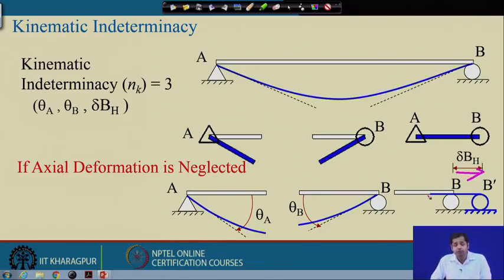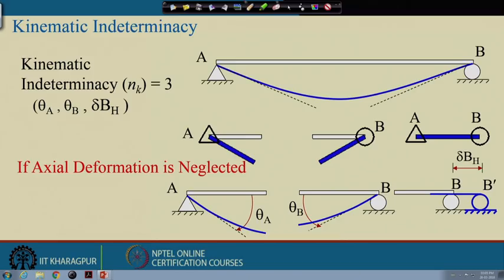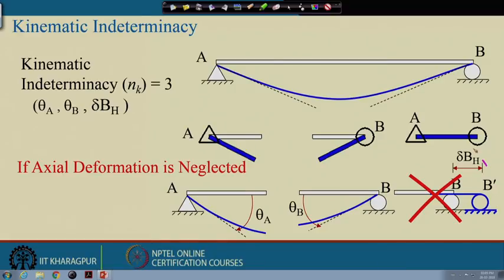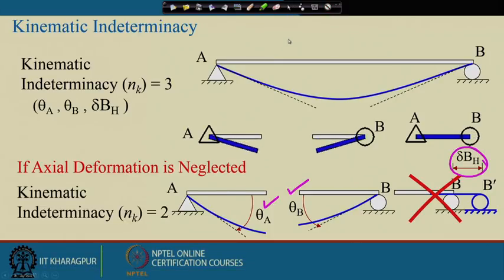But if we assume the length remains the same, meaning no axial deformation is allowed in member AB, then this is not allowed. So these degrees of freedom we do not have. Only theta A and theta B remain, so the kinematic indeterminacy of this structure is 2, right.